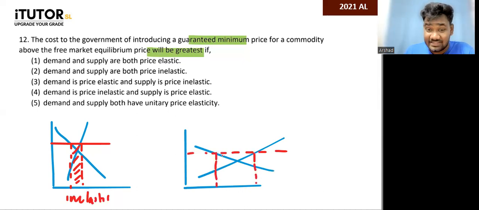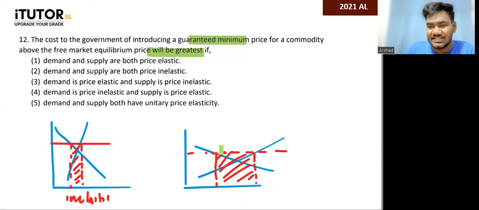Now government's expenditure is this much to purchase the excess supply. So where is the government expenditure the highest, guys? The government's expenditure is the highest when the demand and supply are elastic. Have that in mind. So when both demand and supply are elastic, then government's expenditure is high.